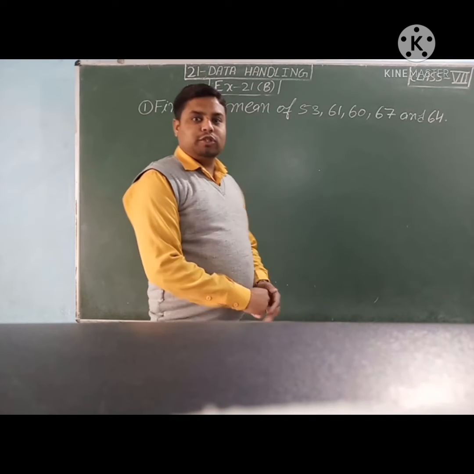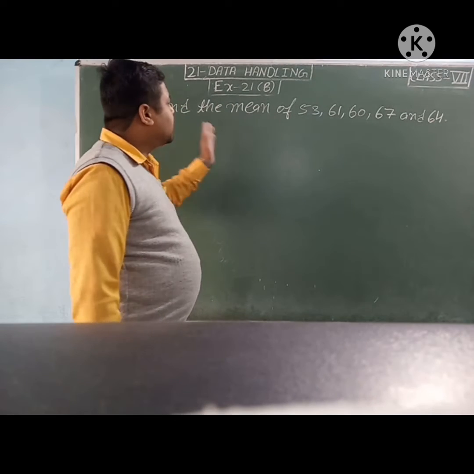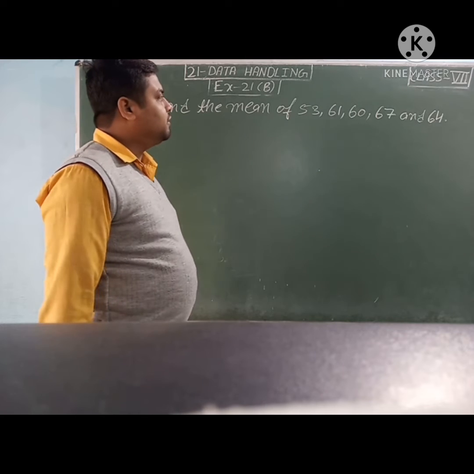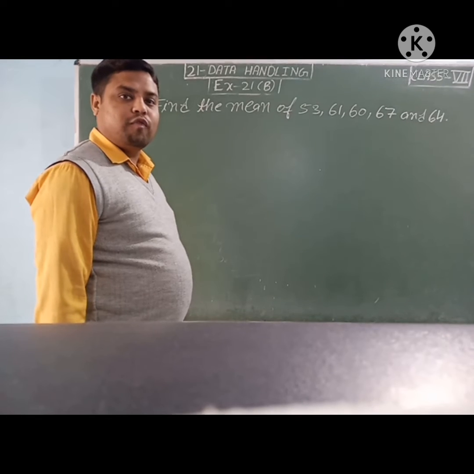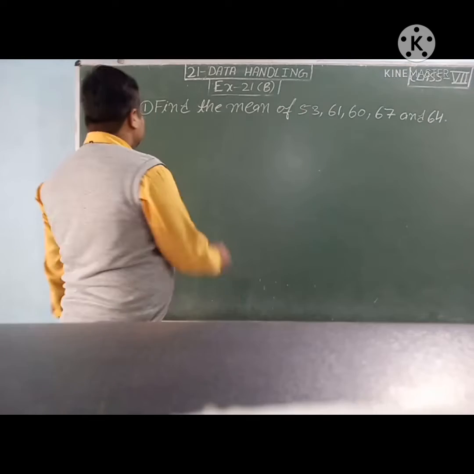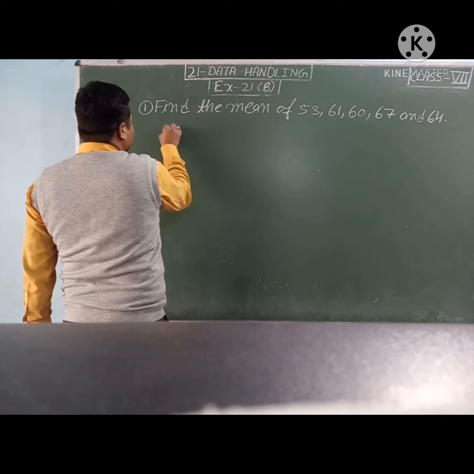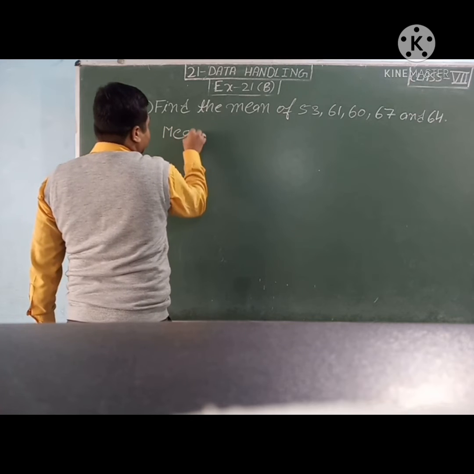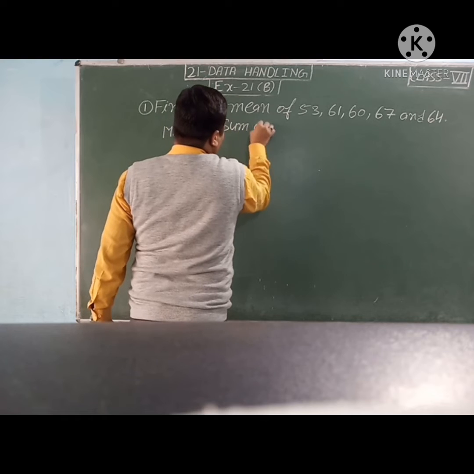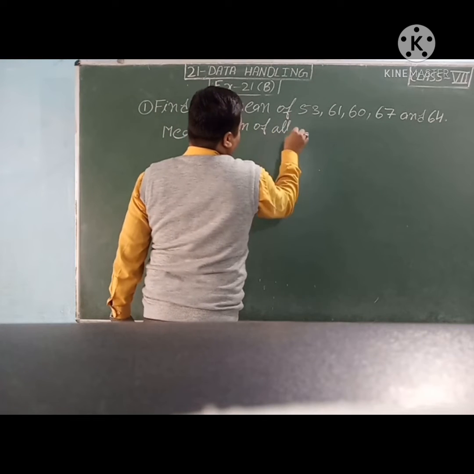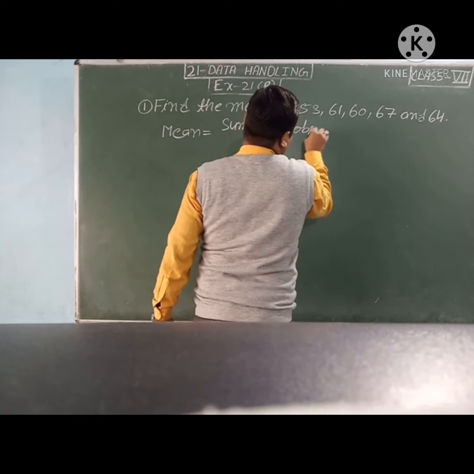So students, question number 1 is: find the mean of 53, 61, 60, 67 and 64. So our formula of mean is equal to the sum of all observations.